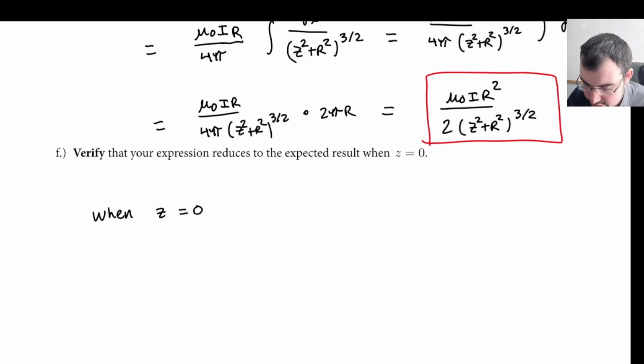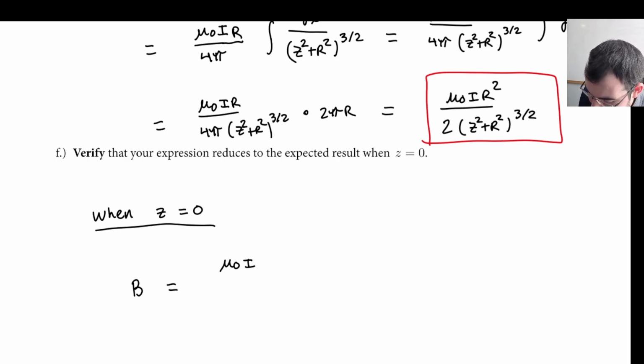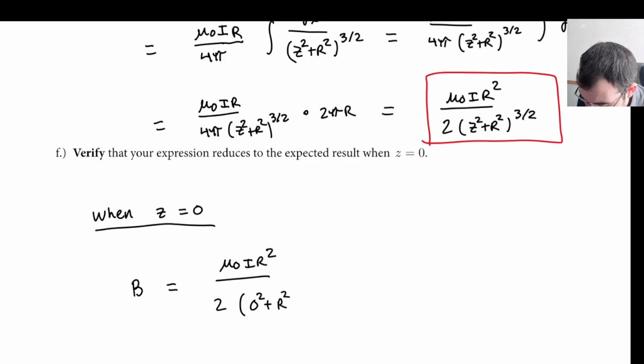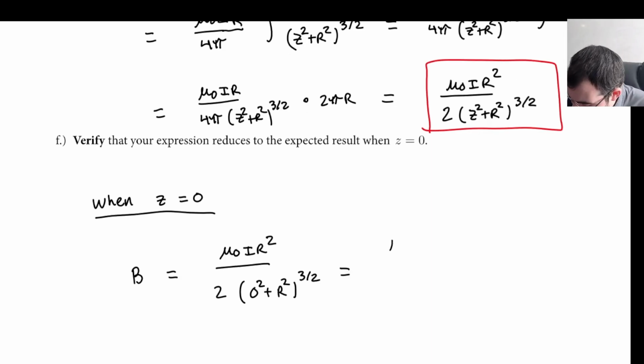When z equals 0, B is equal to mu naught I R squared divided by 2 times 0 squared plus r squared to the 3/2. And of course, the 0 doesn't affect anything. So this is just going to give us mu naught I r squared divided by 2 times r squared to the 3/2.